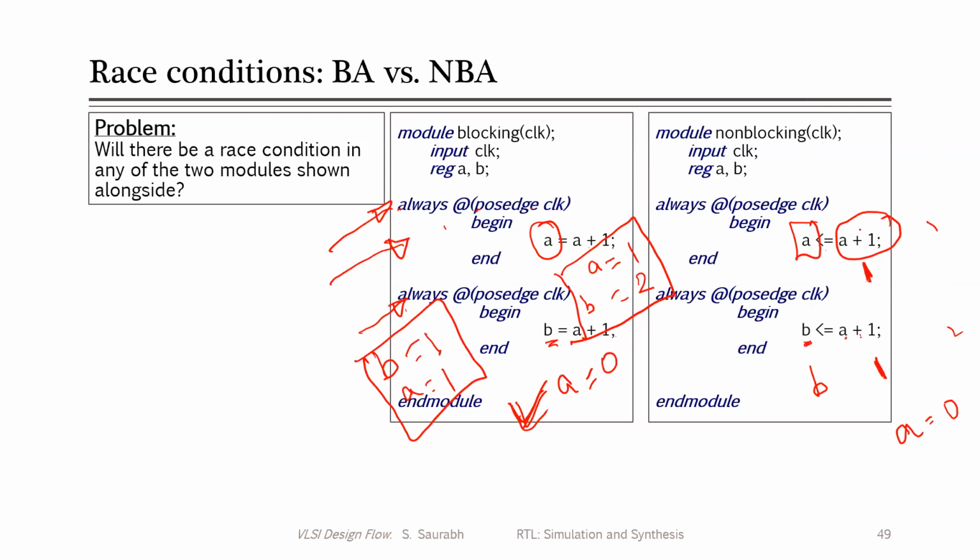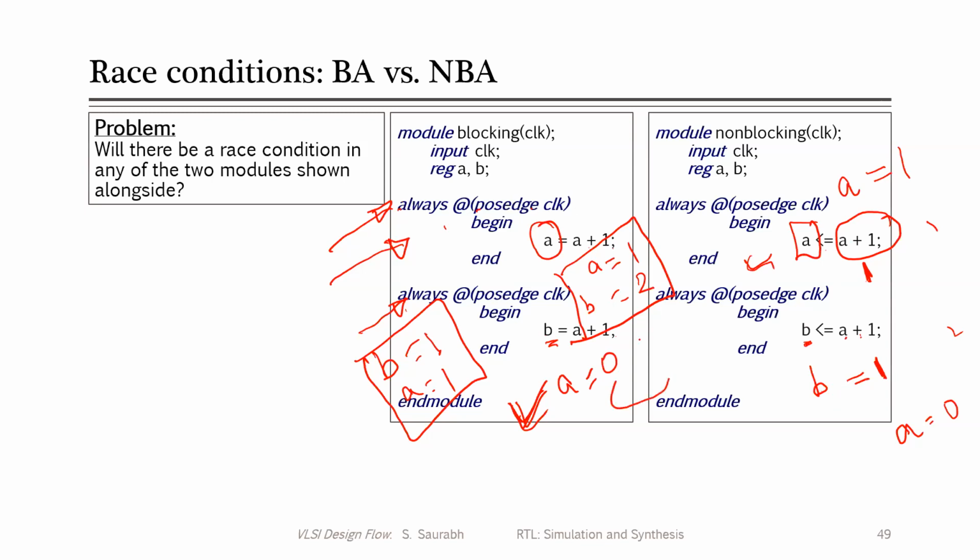Once all the RHS are evaluated and what needs to be assigned to the LHS is decided, then the updation will happen. Now, suppose this one was updated first, then the value of A will change to 1, and the B value will change to 1, right? Because whatever is on the RHS is not evaluated again. It was already decided that I have to assign B the value 1. So you'll get A is equal to 1, B is equal to 1.